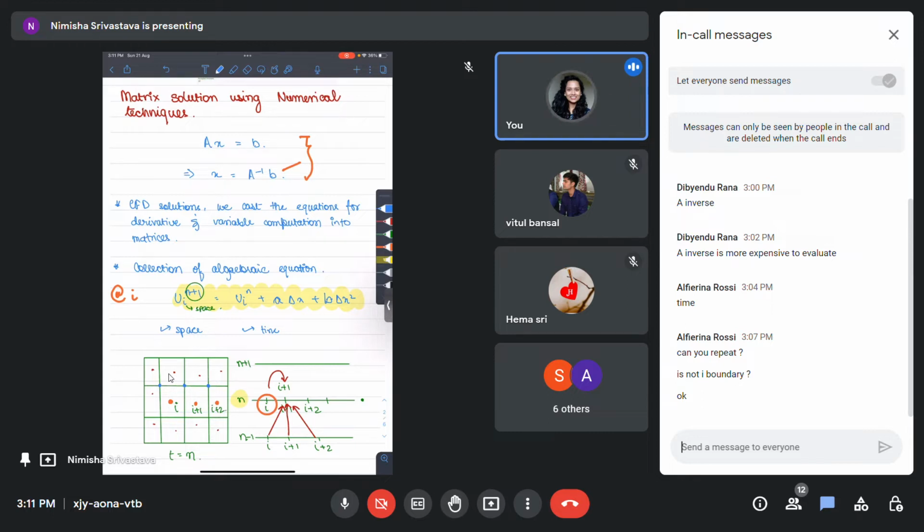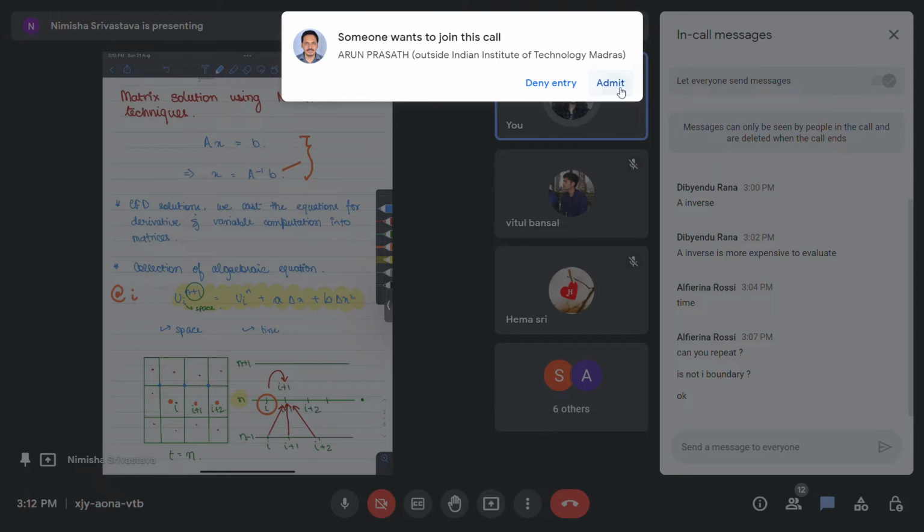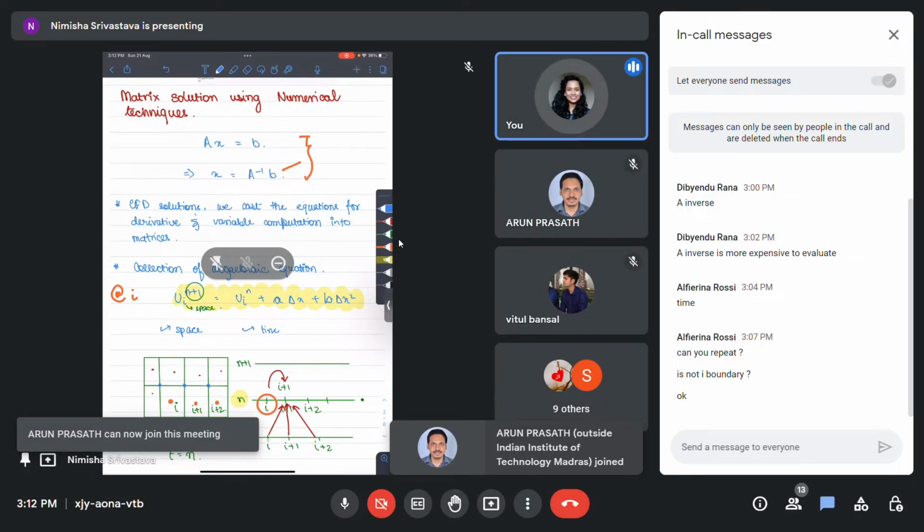So we were talking about that, and Divyendu said that the reason we are not looking at the direct analytical solution, that is A inverse b, is because it's very expensive. Okay, what do we mean by expensive? If I'm looking at a matrix that is huge, we are not talking about 5 by 5 matrices, or even 100 by 100 matrices.